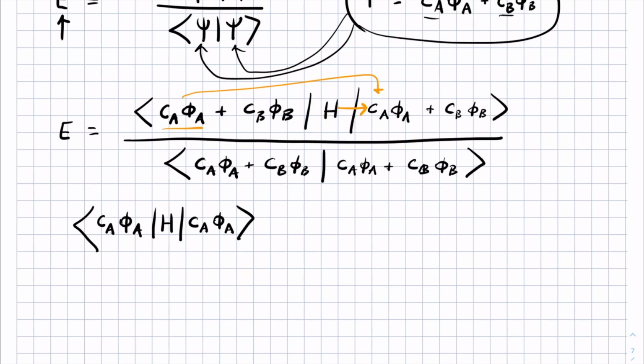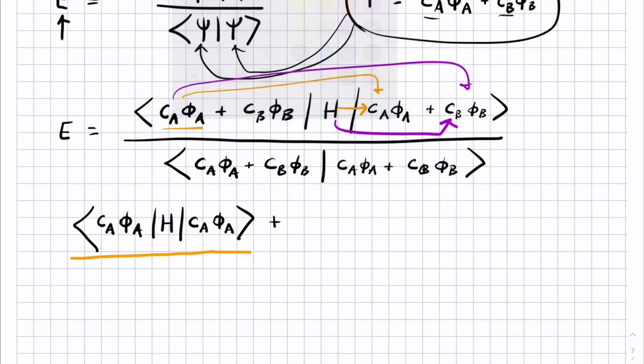And we're going to do that for each of these terms, right? So here's the yellow. Let's now use purple. We're going to apply the Hamiltonian to Cb and then multiply Ca.